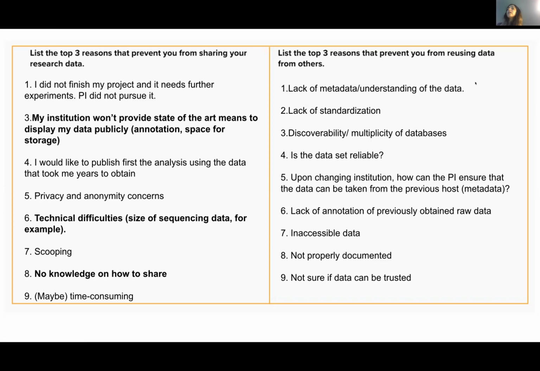And so the FAIR principles should help with these points. But there is one aspect that is not as directly related to the FAIR principles, and that I would like to discuss, which is the reliability and the trust in data. So points 4 and 9, which are basically the same aspect.